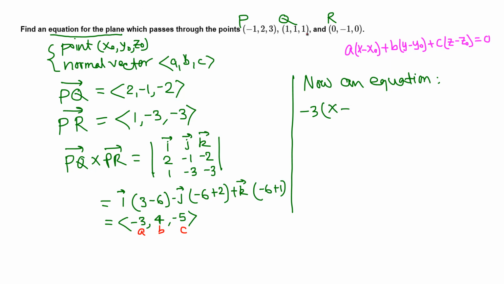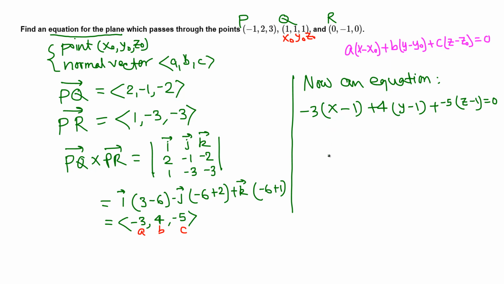We can use any of these 3 points. Let's use 1, 1, 1. Okay, we could have used any. Then x minus 1, plus b here 4, times y minus 1, plus c is negative 5, times z minus 1, equals 0. Let's simplify. This is in standard form.